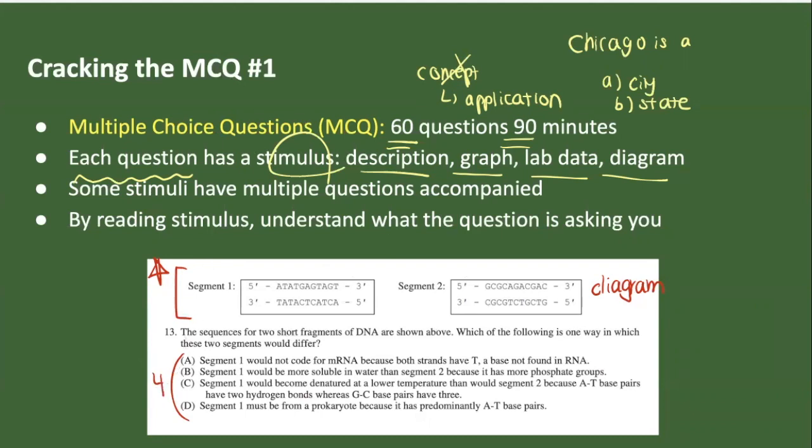So this means that by reading the stimulus, you must understand what the question is asking you. I'm going to teach you how to ace this part, but let's say, for example, this provides you with a DNA sequence. You should infer that it'll be based on a topic from the DNA unit.